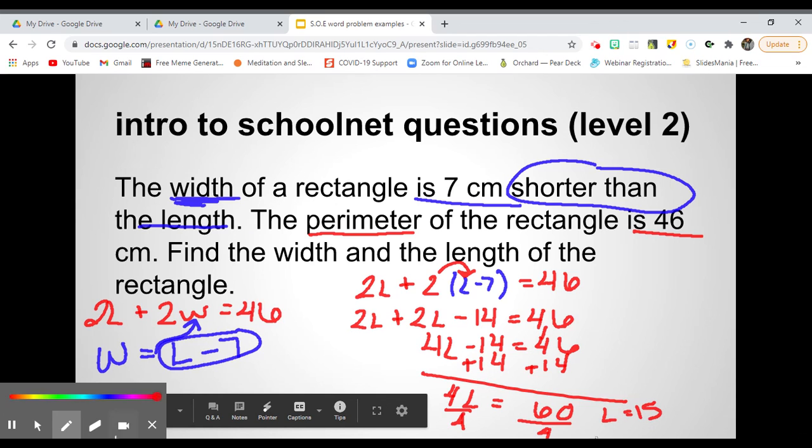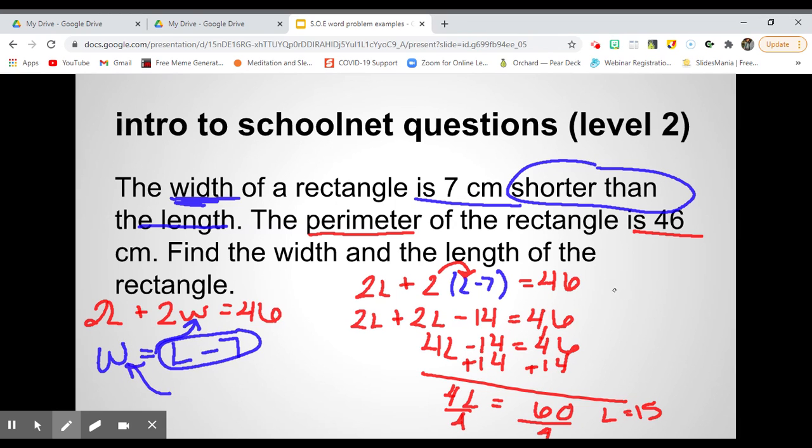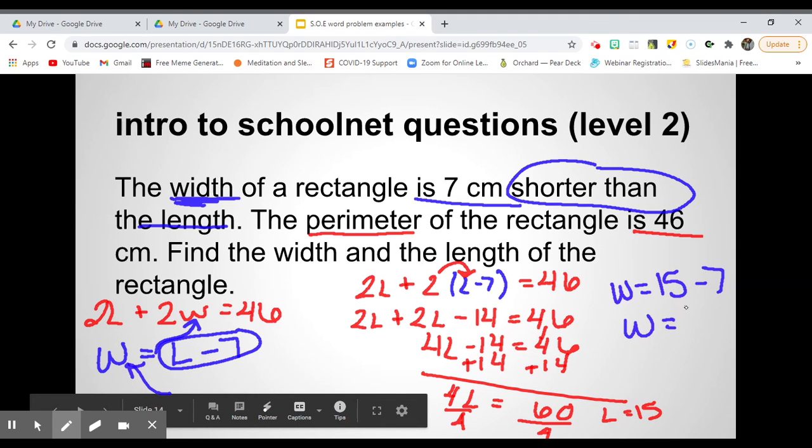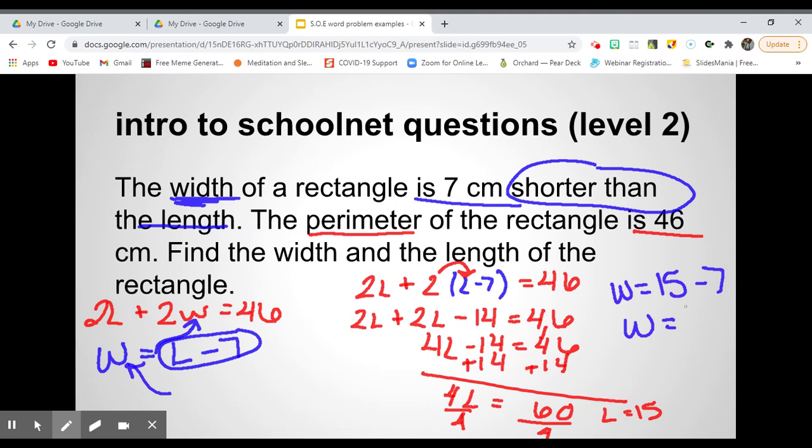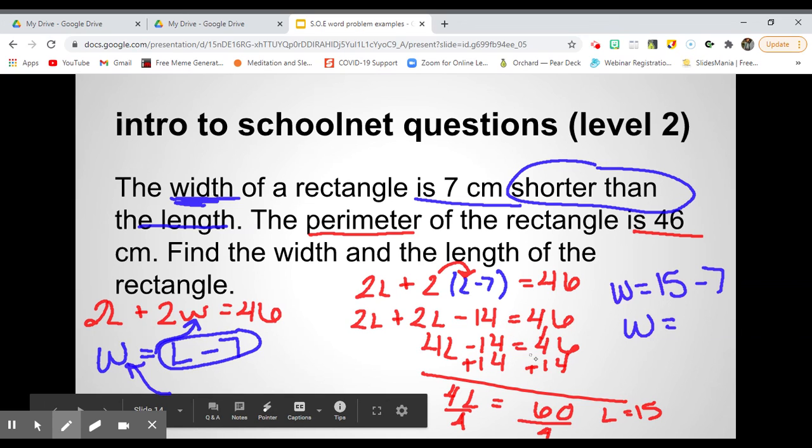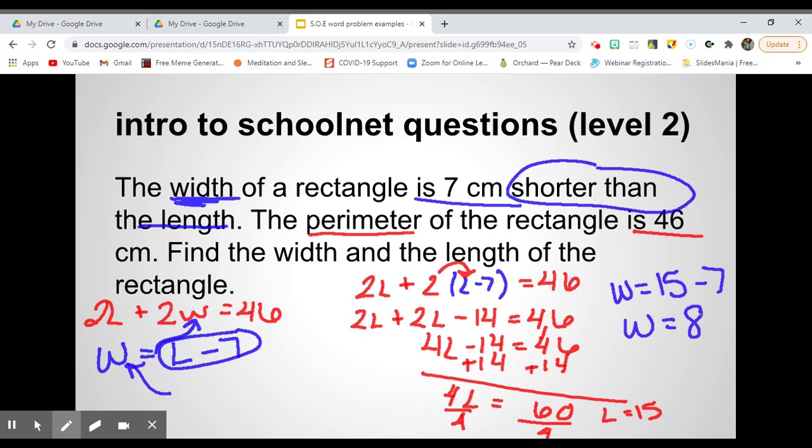And then I need to go back into the equation and find W. But don't worry, I have an equation right here that says what W is. So W is L, which was now 15. We found that, minus 7. Okay, so 15 minus 7 will give us W, and that particular value is 8. So our width is 8 and our length is 15.